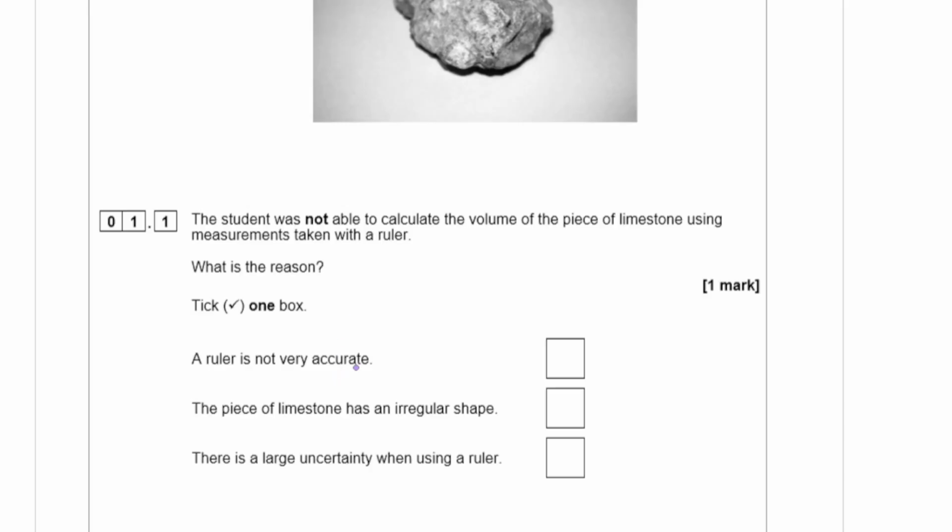Now the ruler is not very accurate. Now you can actually work out the volume. Remember from your maths, volume equals length times width times the height. Now if you had a regular shaped structure like this, or a cube, and you could work out the length, width and the height.